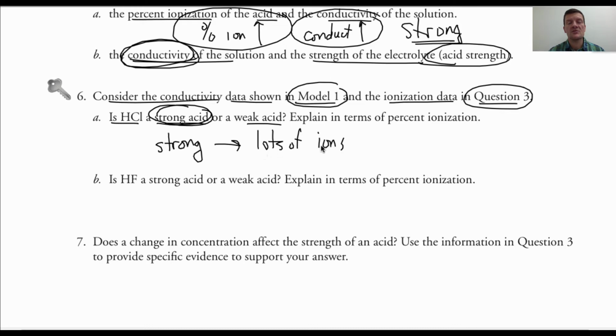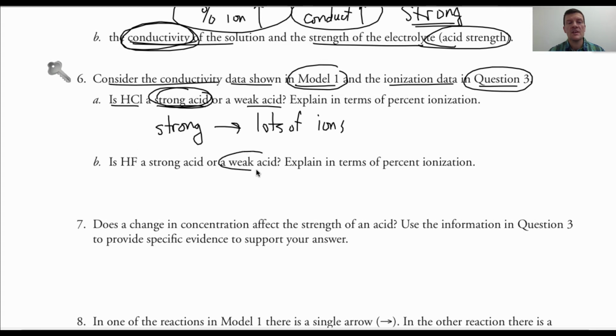In fact, we say a strong acid has complete ionization. It completely ionizes. HF is your weak acid, because it has a lesser percentage of ionization. Strong is 100%. A weak acid is going to be less than 100% ionization, in many cases much less than 100%.